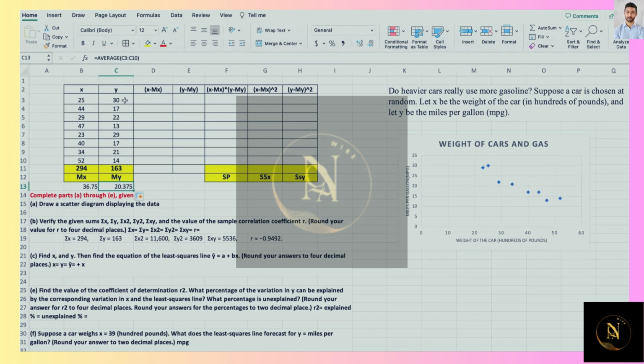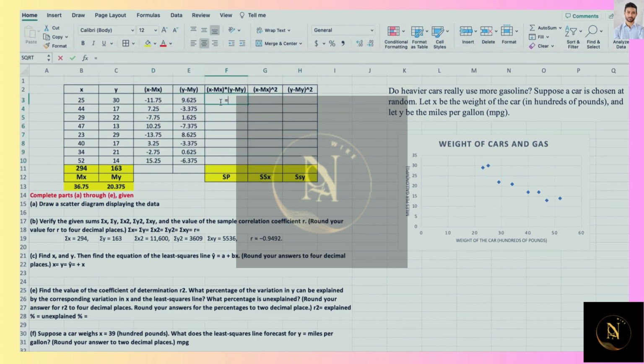I need to highlight and bold these. So I'm going to take each one of the X values and subtract 36.75. And then I'm going to take each one of these Y values and subtract 20.375. And let me center these all.